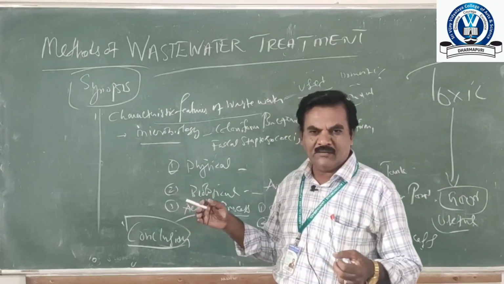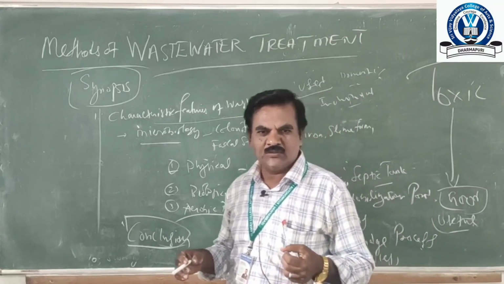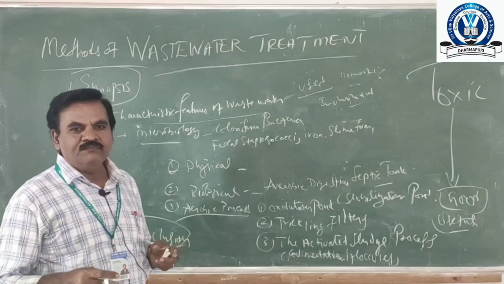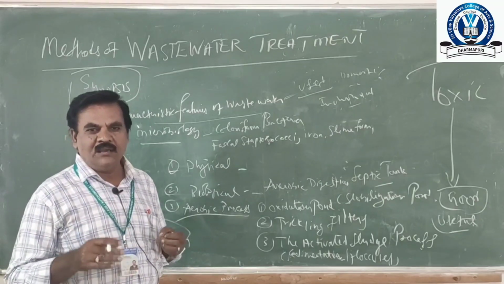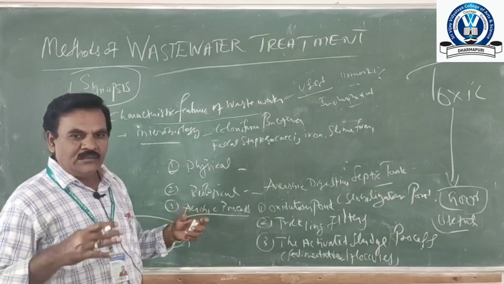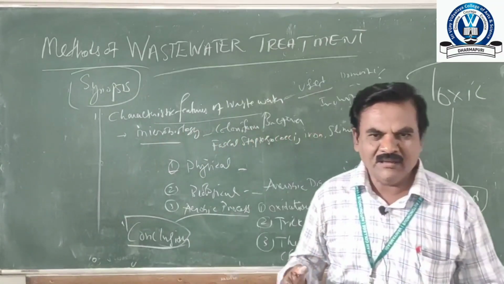Number one, what are the physical characteristics of wastewater? The color is entirely different. It contains many bacteria and viruses, or sometimes fungi, and compared with normal water, the color is sometimes green or yellowish.